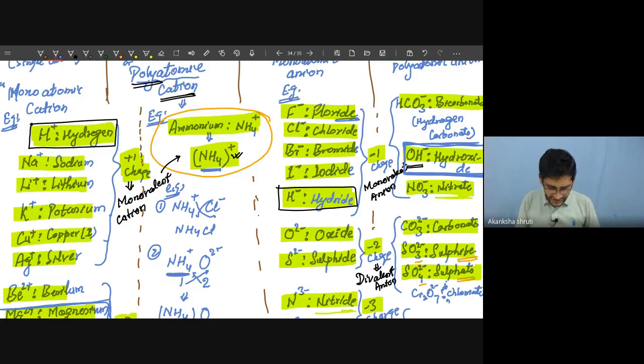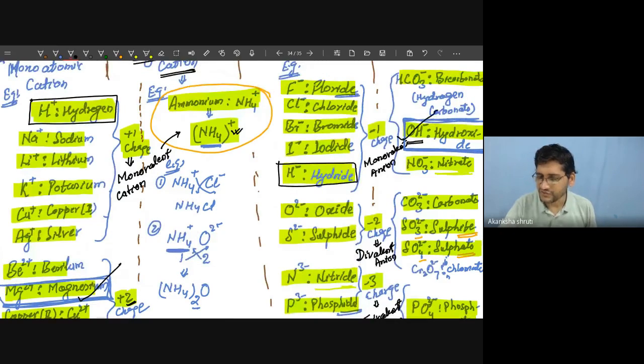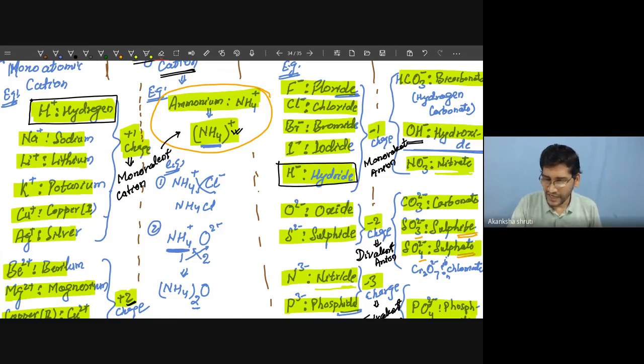So along with the charge, we need to write these two. Means I need to take this one and hydroxide this one. These two things we need to take and write on the other side where we want to write the formula.